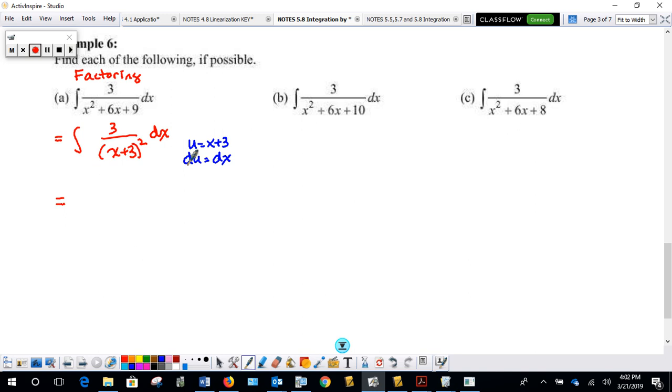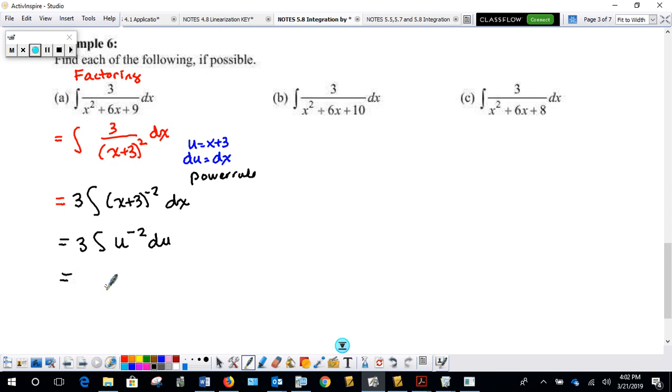So in terms of this problem, this is a power rule problem. My 3 doesn't have anything to do with this, so it's a constant writer. We'll pull that out. I'm going to rewrite this as x plus 3 to the negative 2, and then my dx. And then when I make my substitution, this is u to the negative 2 du.